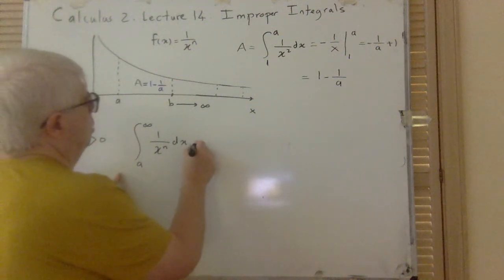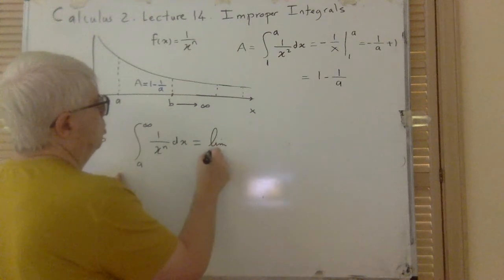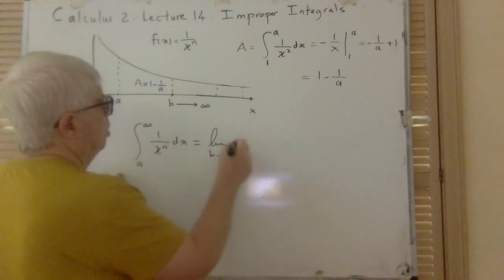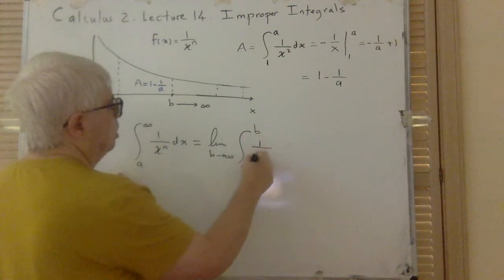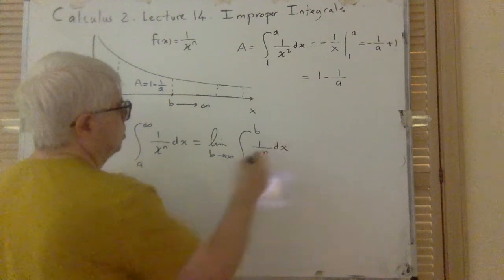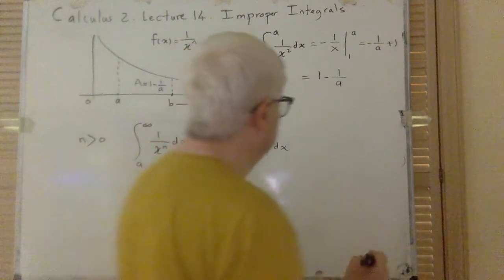And this should be defined as the limit as b goes to infinity of the integral from a to b of 1 over x to the power n dx. Now what is 1 over x^n?